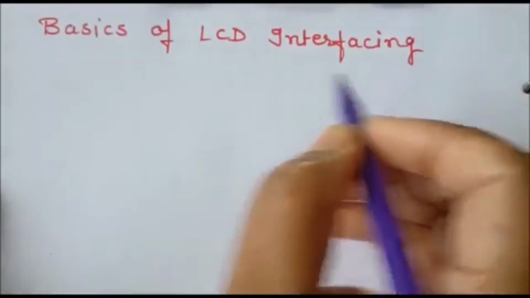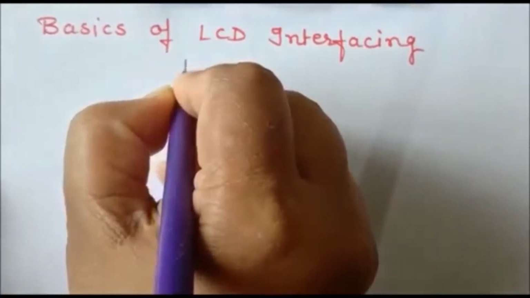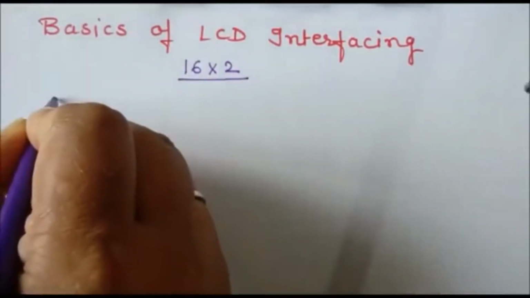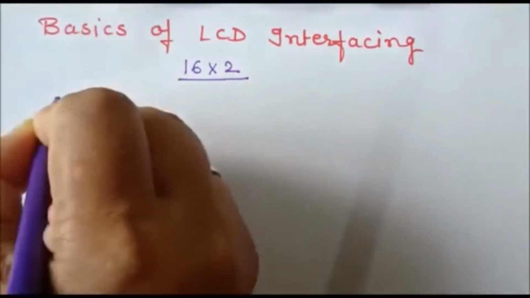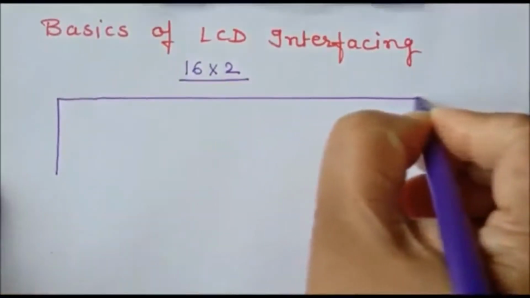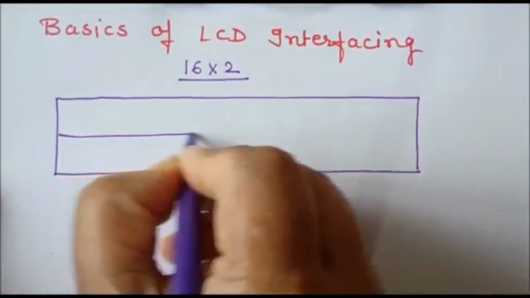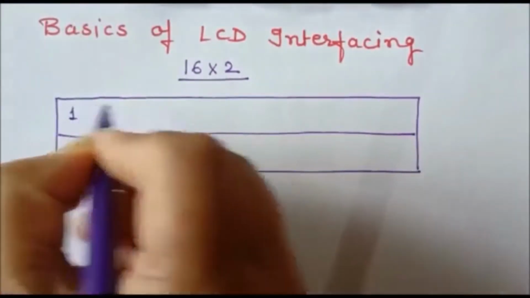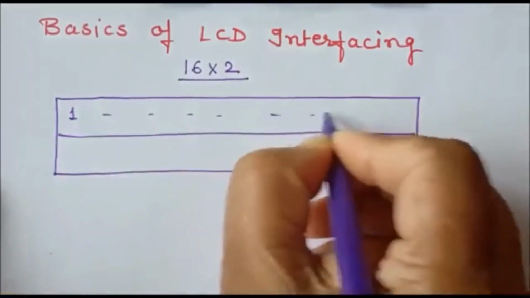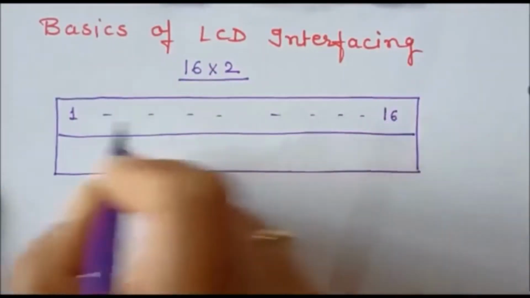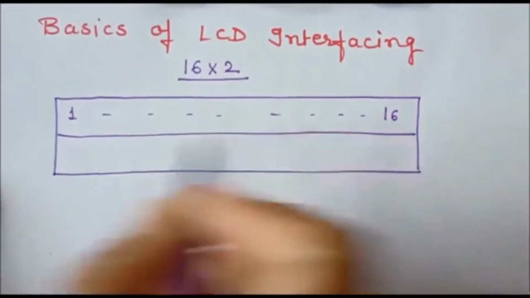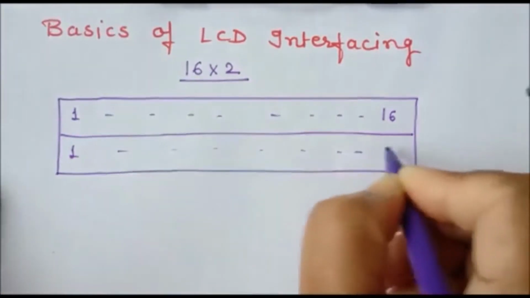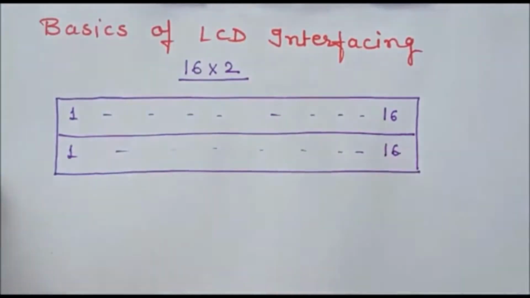Basics of LCD interfacing. So we'll discuss about 16 by 2 LCD interfacing. A 16 by 2 LCD will have two rows, and in each row we can display 16 characters. So in row 1 we can display characters 1 to 16, and in the second row again we can display 16 characters.